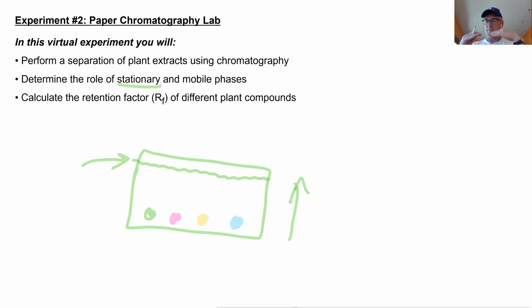Remember, the solvent or the mobile phase moves up the paper, and then when it gets near the top, we pull it out. We mark it. Oh, the solvent front? The solvent front, that's right. We call that the solvent front.